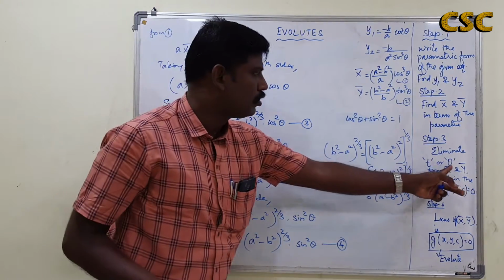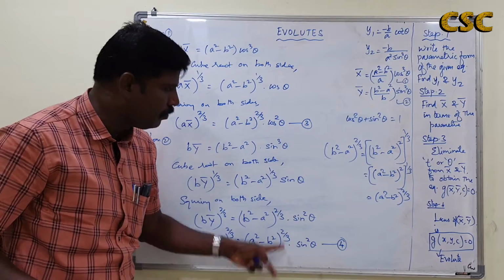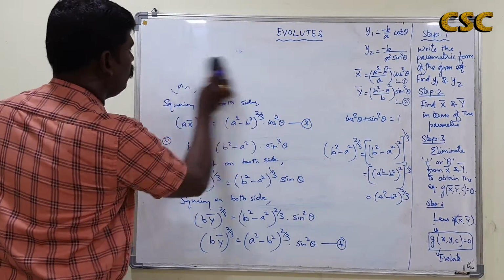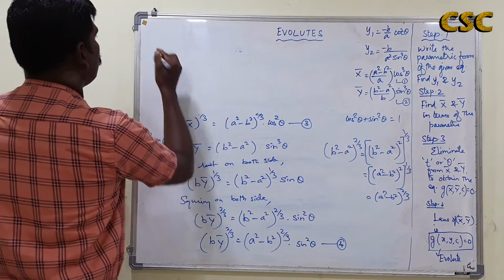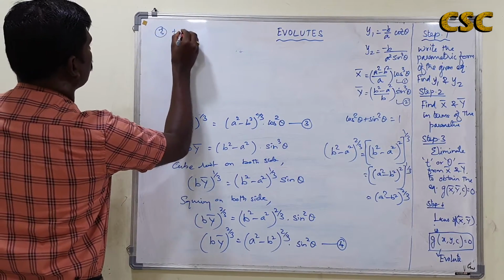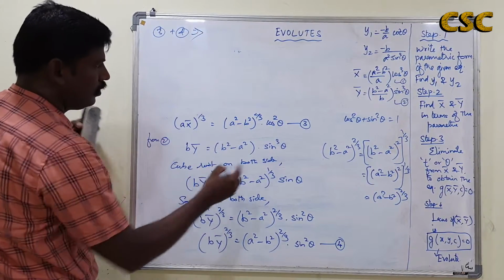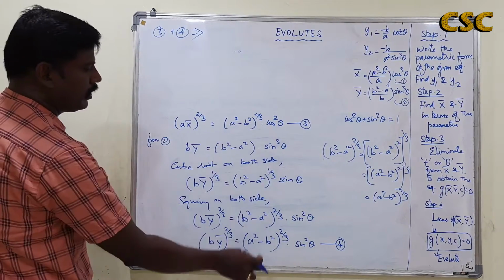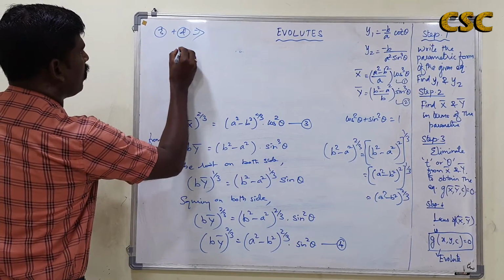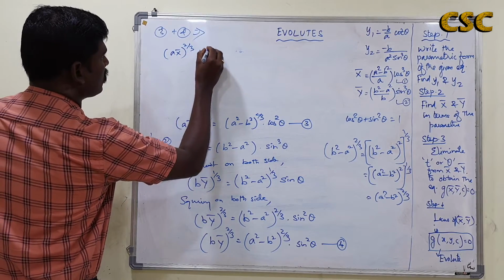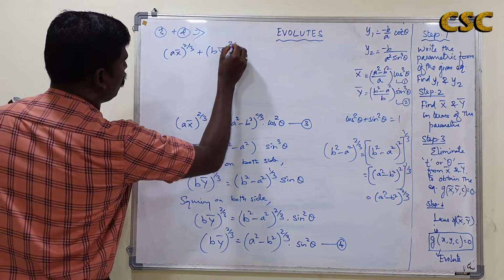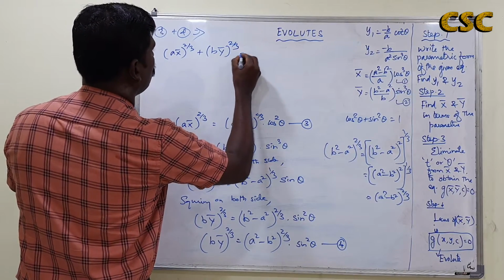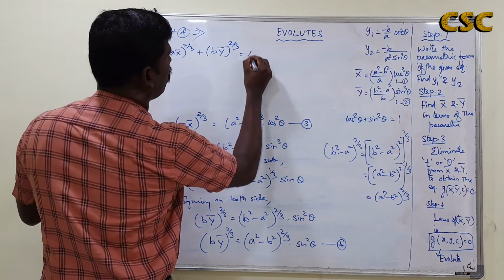Here the parameter is theta, so now I am going to eliminate the parameter theta from 3 and 4 by adding 3 and 4. 3 plus 4 implies, this is 3, this is 4. So add the left hand side, same like that the right hand side. So a x bar to the power 2 by 3 plus b y bar to the power 2 by 3 is equal to, add the right hand side also, what is in the right hand side?